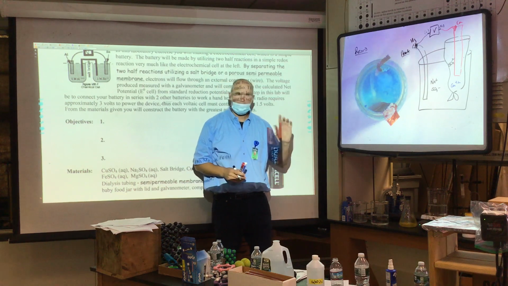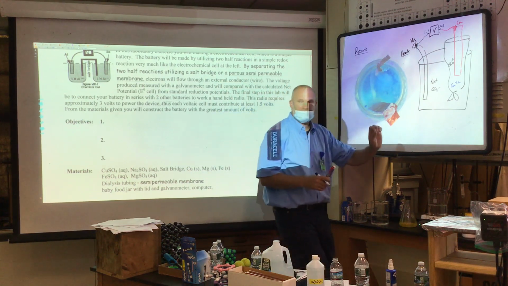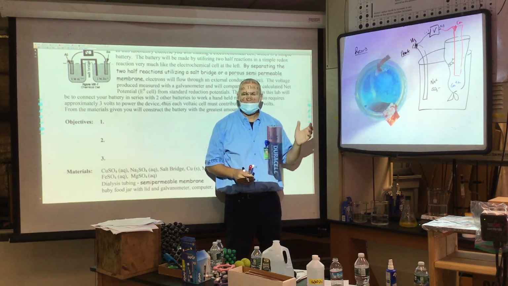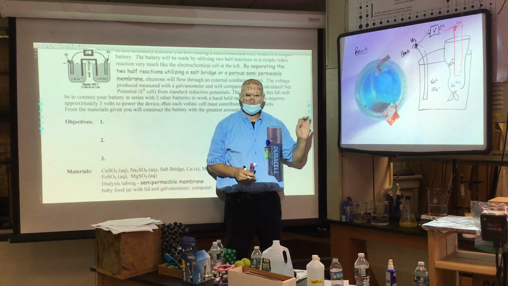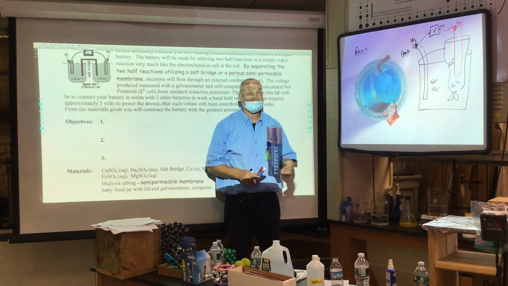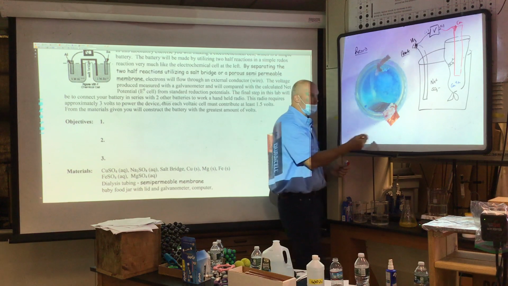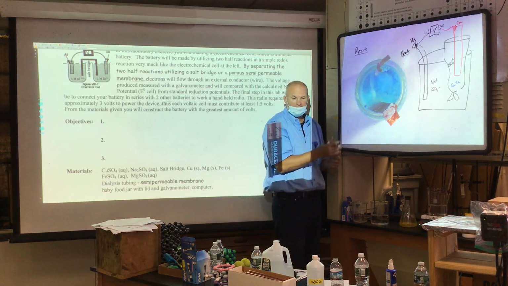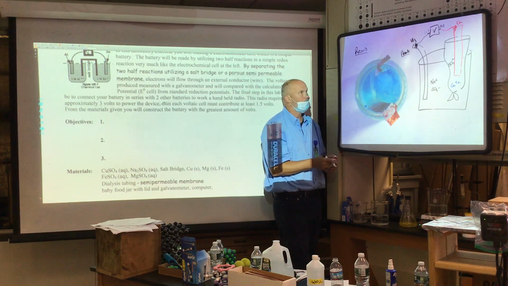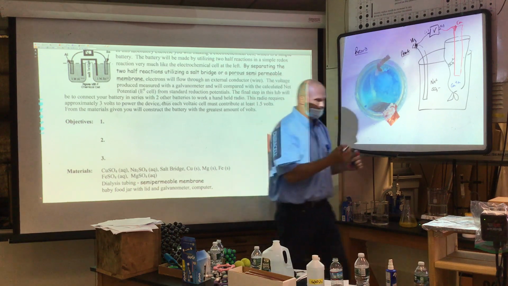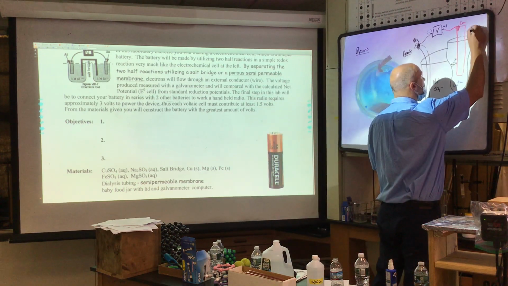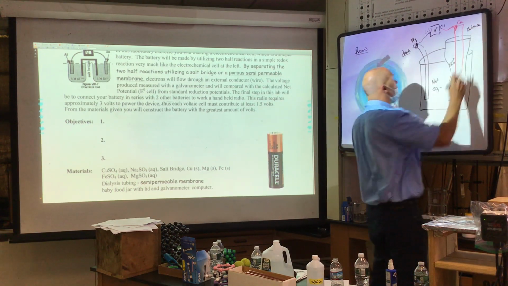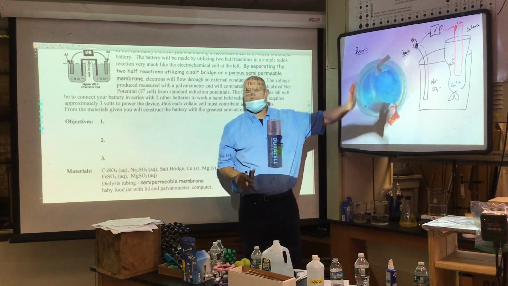lower or a negative reduction potential for Mg+2, which means it had the more positive oxidation potential, or it's lower on the standard reduction potential table than copper. And from our experiences, this was our cathode. We know that electrons always flow from the oxidation half cell.